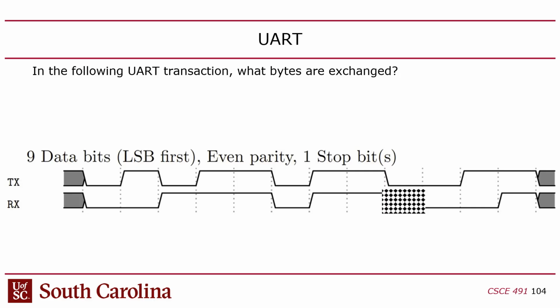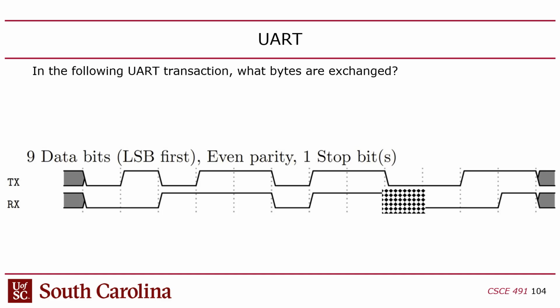In this case, I have 9 data bits, even parity, and 1 stop bit. So that means 9 data bits plus a start and stop bit, which brings the total number of bits to 11, and then the parity bit brings it to 12, right?